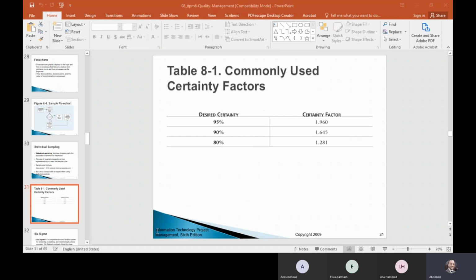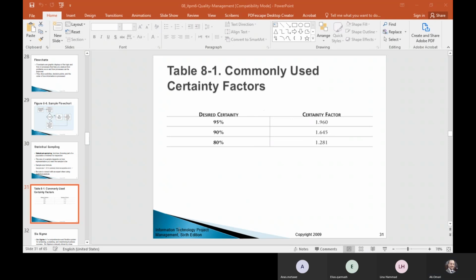Right. These are squared, the total from the whole population. So I want to take 384 invoices to represent the whole population. So I will get 95% certainty.